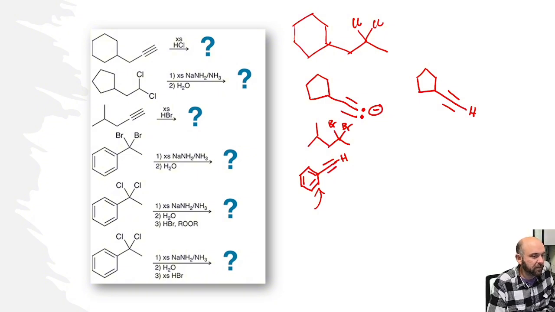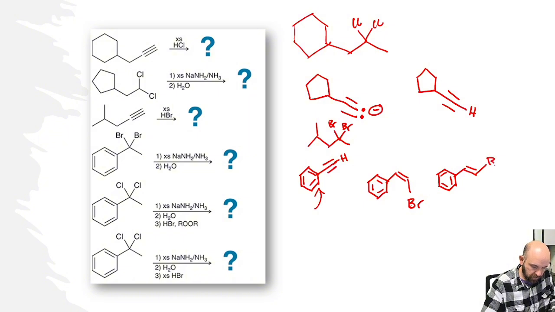However, we have a third step this time, and we see that this phenylacetylene product is treated with HBr that's been contaminated with peroxides, and so we're going to see a non-Markovnikov addition of bromine to the end of that molecule, and we would see both trans and cis isomers of that molecule.